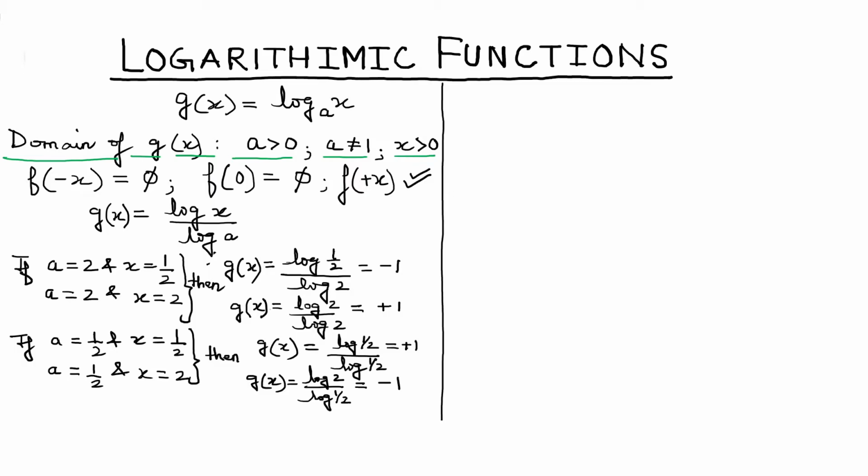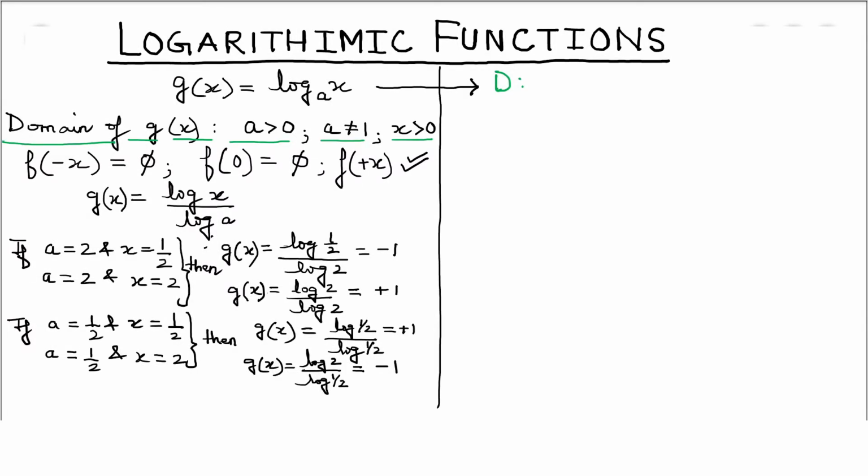Okay, finally the points to be noted. So when we are talking about the domain values, the domain would be a is greater than 0, because we know that we cannot find out the log of negative values.